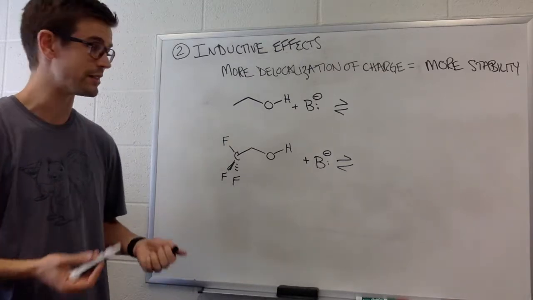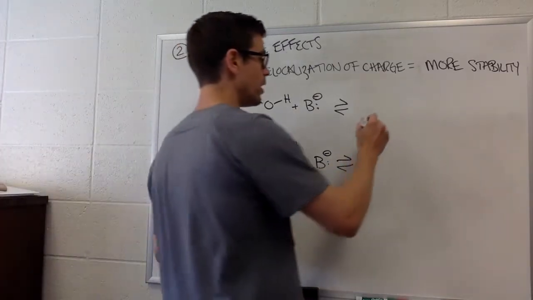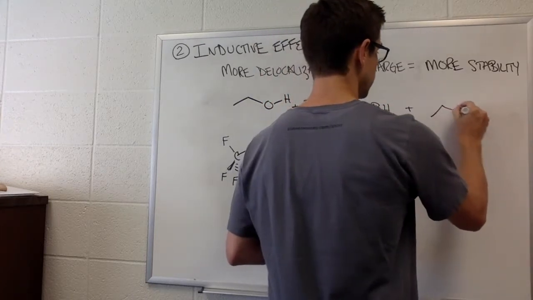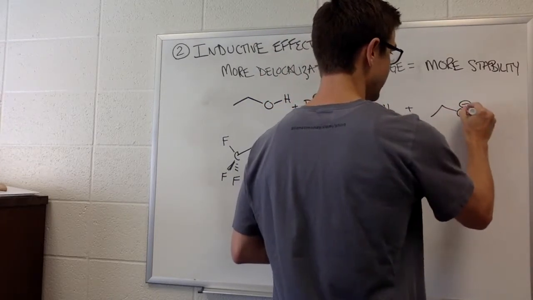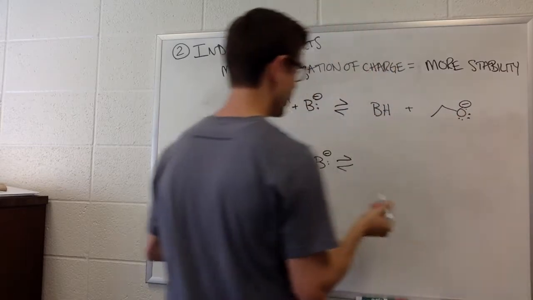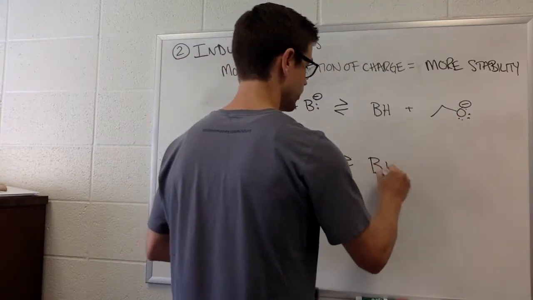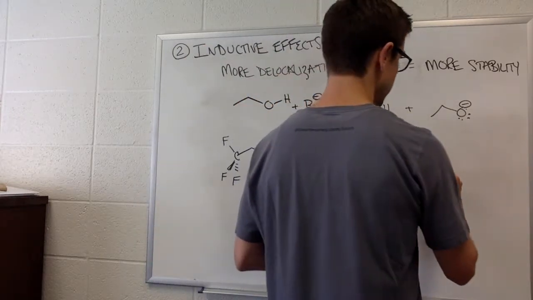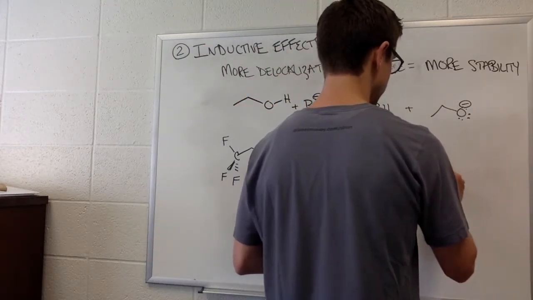The alkoxide just means the O- species. So over here, we're going to have BH+ and ethoxide. And over here, with trifluoroethanol, we're going to have BH+ and trifluoroethoxide, so CF3CH2O-.